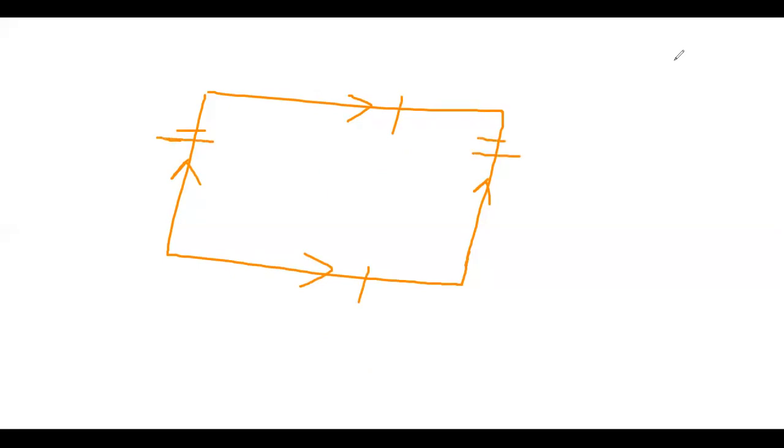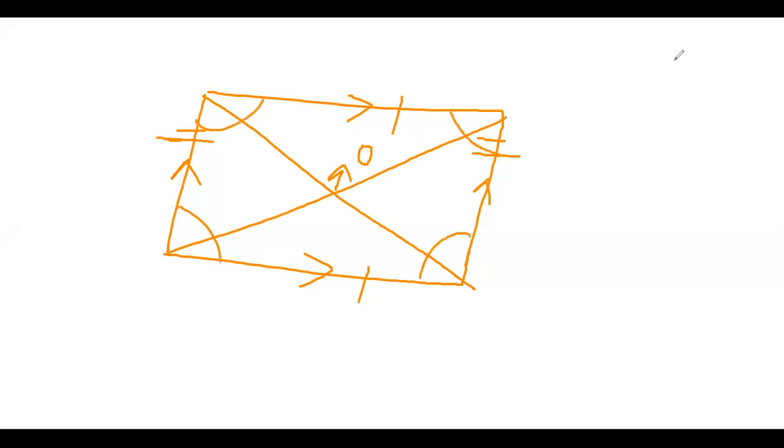What is a parallelogram? When opposite sides are equal and parallel, parallel also, equal also, then it will be a parallelogram. Diagonals bisect each other at a point, opposite angles are equal, and the sum of adjacent angles is equal to 180 degrees, right?